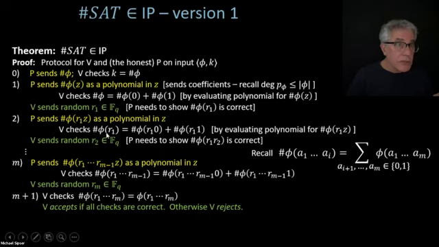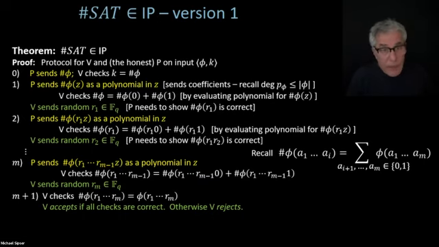So this checks that this phi of R1 is correct because that was how we justified the polynomial with just a single variable. The very first polynomial is correct. It's a little hard to say, but this comes from the previous round. This guy here. Okay, so this is the polynomial for the current round. This is the value from the previous round. All right, more questions.